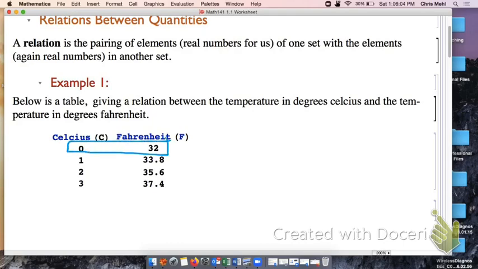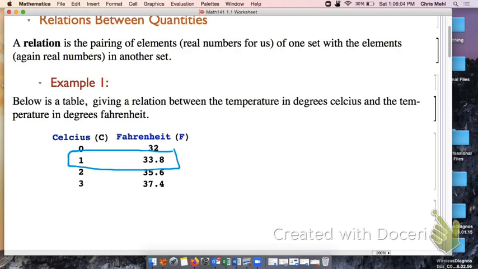I just boxed, when the temperature in Celsius is 0 degrees, the corresponding temperature in Fahrenheit is 32 degrees. So that is a single pairing in this relationship, or relation, between Celsius and Fahrenheit. 0 degrees Celsius corresponds to 32 degrees Fahrenheit. Or when the temperature is 1 degree Celsius, it's related to the temperature of 33.8 degrees Fahrenheit.